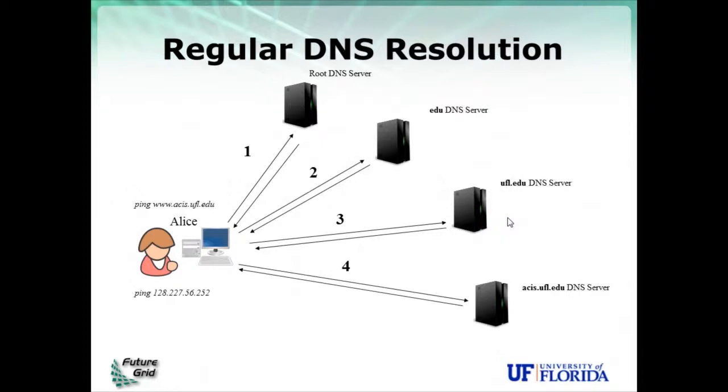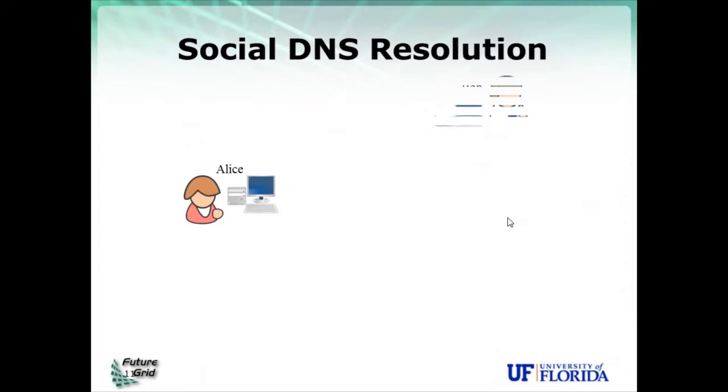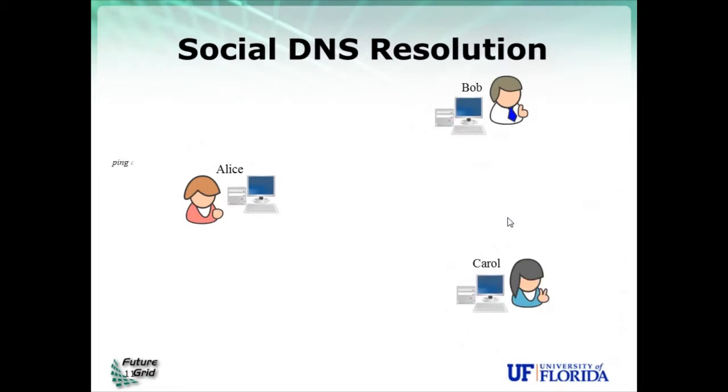We don't want to have centralization and a hierarchical structure, so rather what we have is a mechanism where Alice tries to find a resolution for a name that she has obtained, for example, from Carol. Let's say Carol.sdns is a name that Carol gave for her own resource.